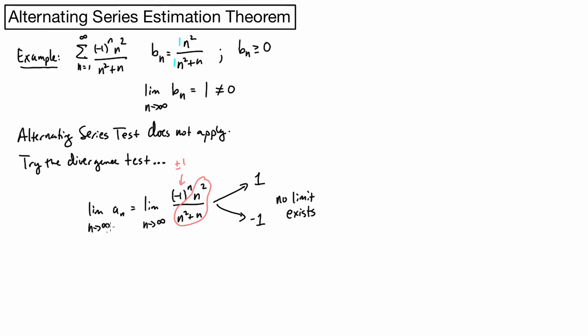So the conclusion for the divergence test is the terms of the series have to be going to 0 in order for the series to converge. And so if the terms don't go to 0 or the limit of the terms doesn't exist at infinity, then the series fails the divergence test. So this series will diverge by the divergence test.